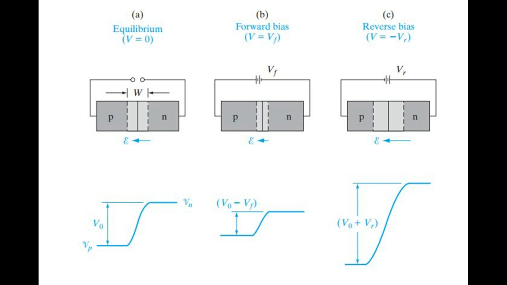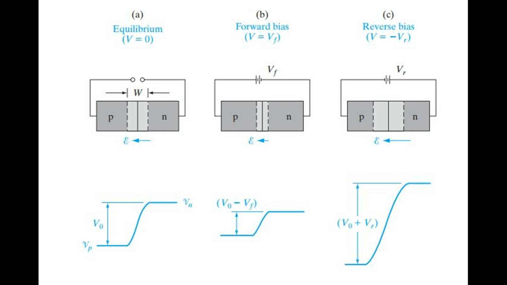Thus we would expect the width W to decrease under forward bias, smaller, fewer uncompensated charges, and to increase under reverse bias. Equations 5.21 and 5.23 can be used to calculate W, xp0, and xn0 if V0 is replaced by the new barrier height V0 - V.